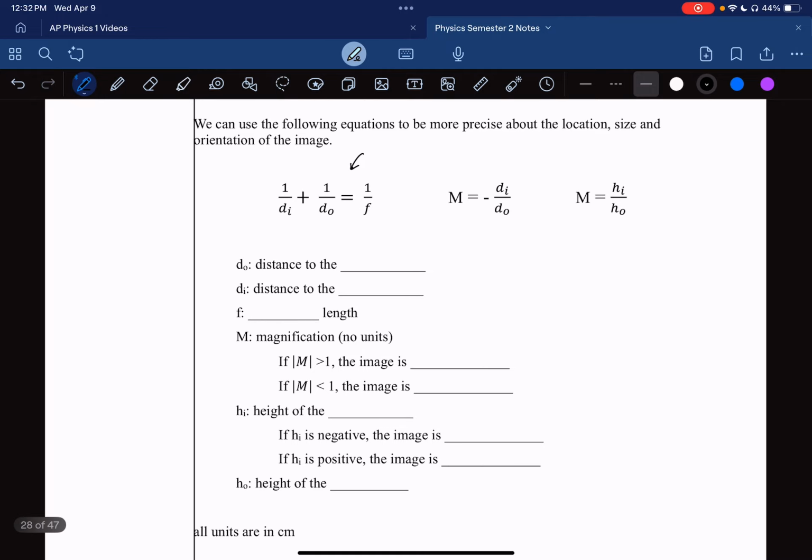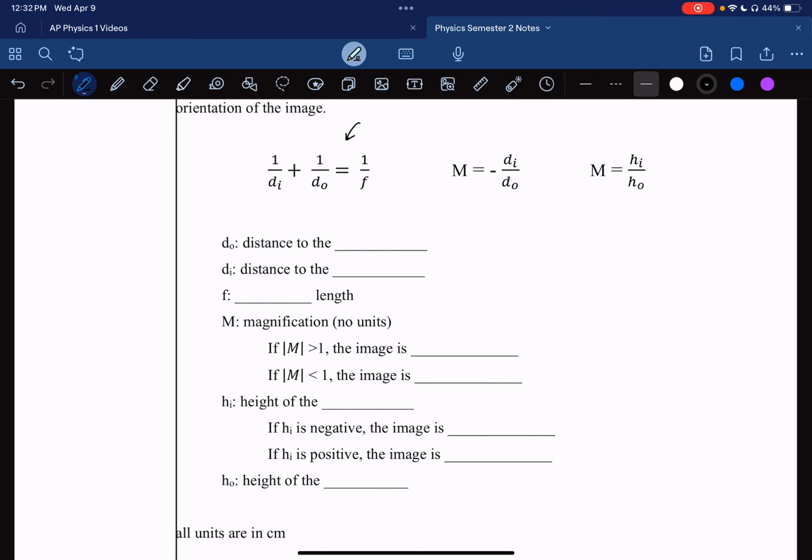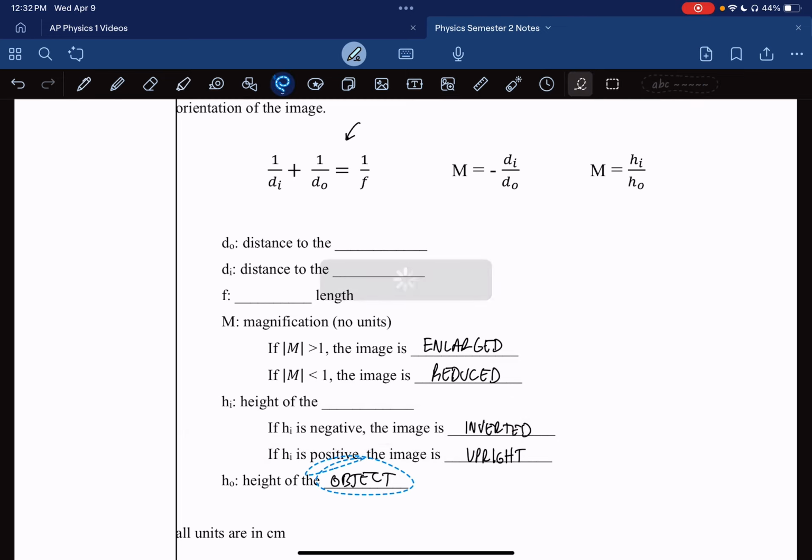I have 2 minutes. I'm going to explain this real quick. If the absolute value of m is greater than 1, then the image is enlarged. Otherwise, it is reduced. If hi is negative, the image is inverted. Otherwise, it is upright. And I think next year, I'm going to change this, but O means object.